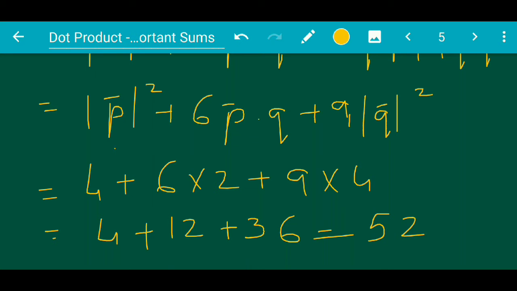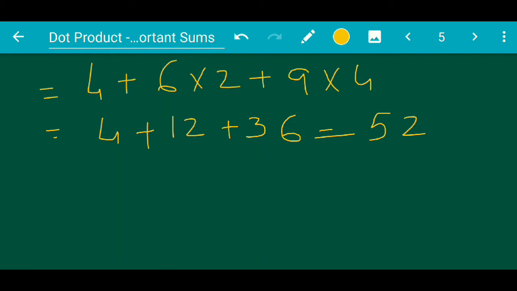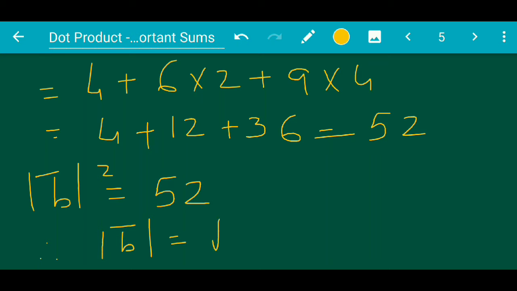That means mod b square is 52. Therefore, taking square root on both sides, mod b becomes root 52, which is 2 root 13.